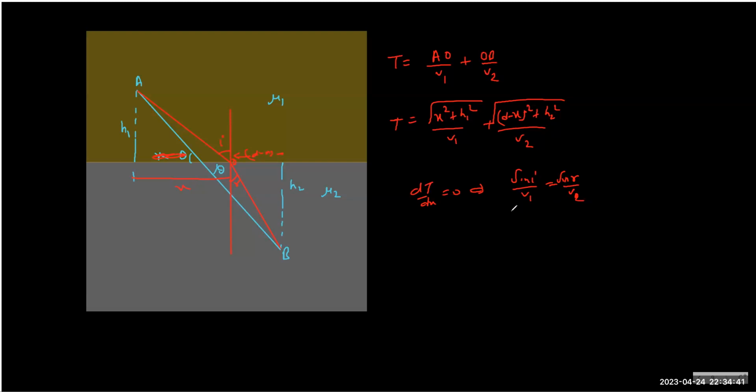Earlier V1 and V2 were the same, so it would cancel, but now it will not cancel, right? And if I multiply both sides with C, this takes the shape of Snell's law. So Snell's law is the consequence of the minimum time condition or minimum optical length condition.